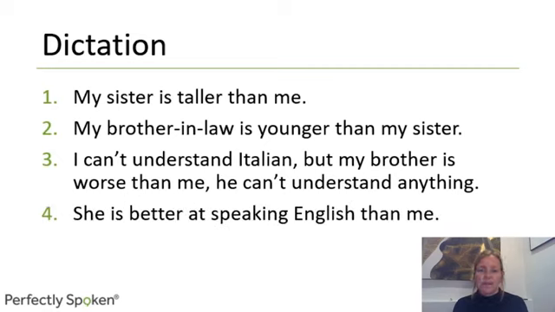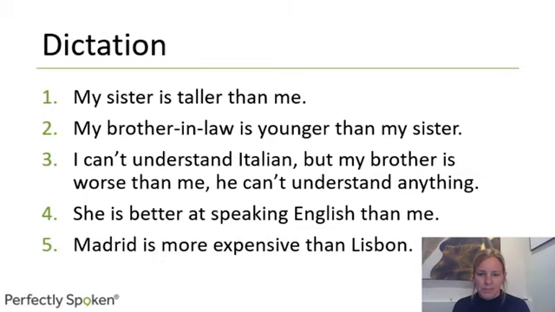She is better at speaking English than me. And the last one, which I don't think I said actually, is Madrid is more expensive than Lisbon.